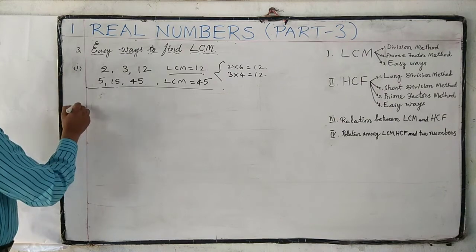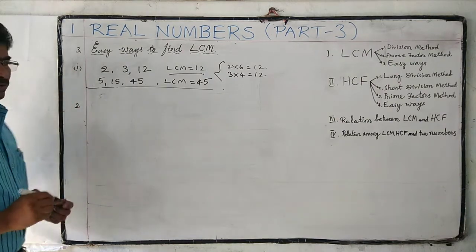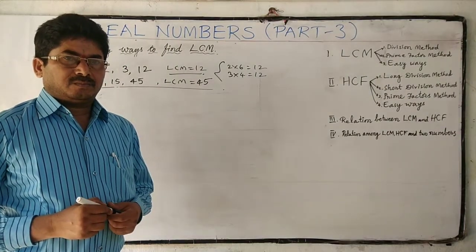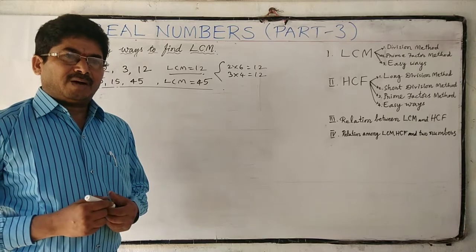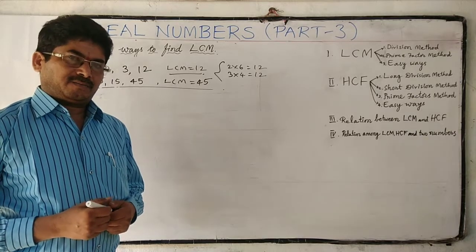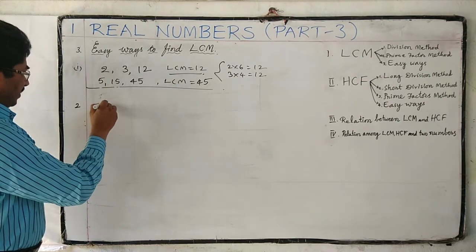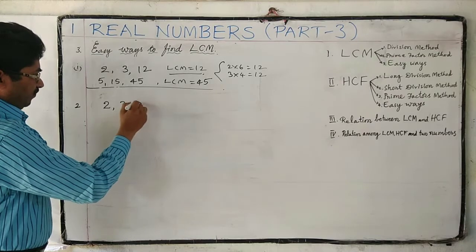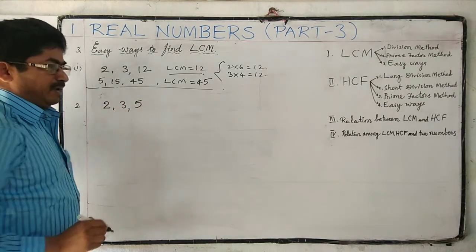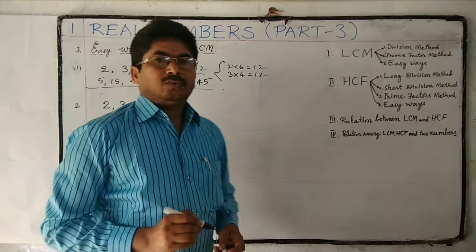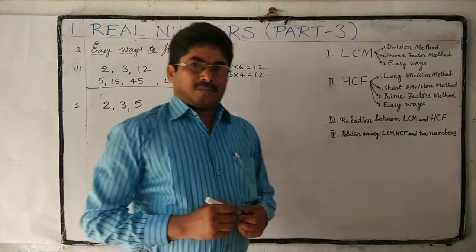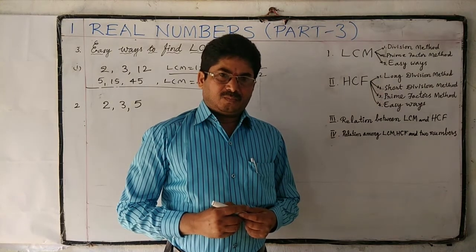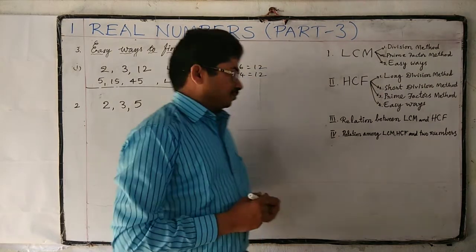Next, the second easy way: LCM of co-primes or relative primes. The LCM of co-primes is their product. For example, LCM of 2, 3, 5. These are co-primes. Co-primes means numbers having only one common factor, which is one.